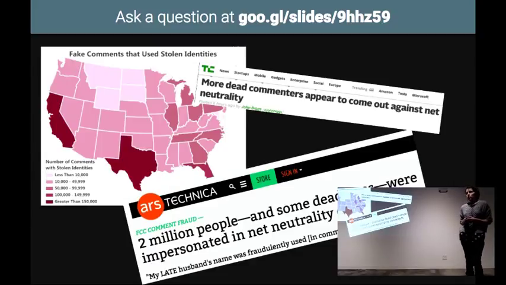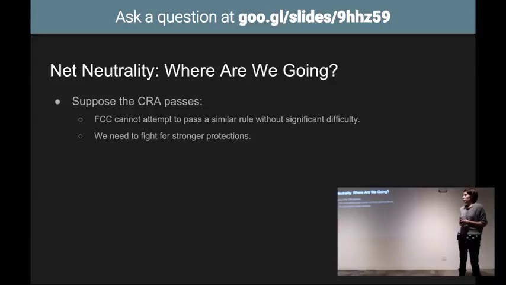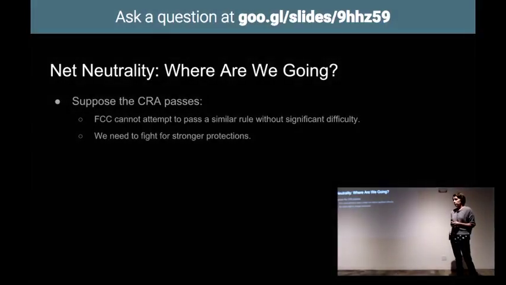In fact, some district attorneys are currently investigating the FCC for a serious case of identity theft, identity fraud, as a result of some of these falsified comments that have come to light. So there's quite a few lawsuits in the FCC's future, and this brings us to where we're going.